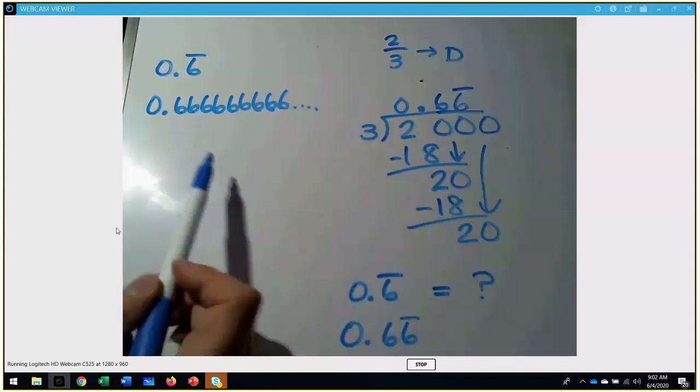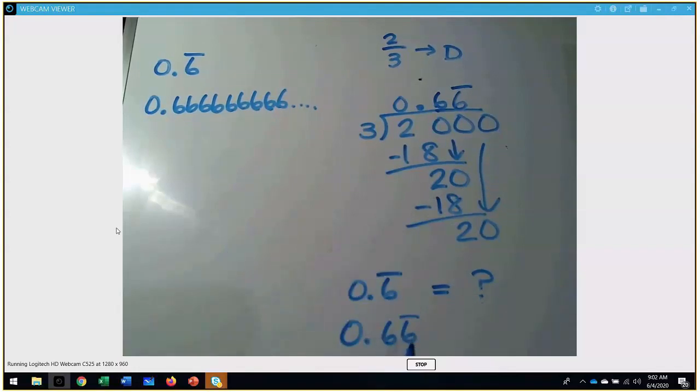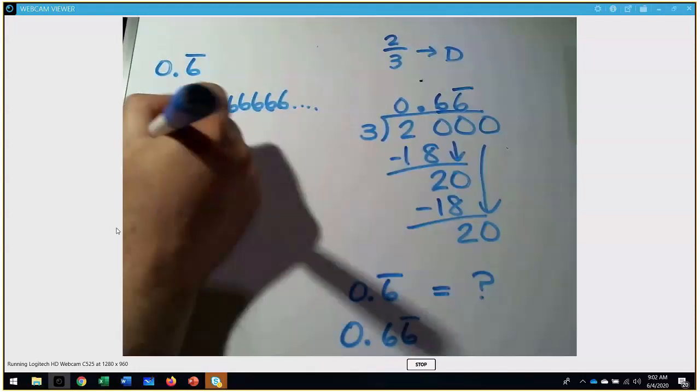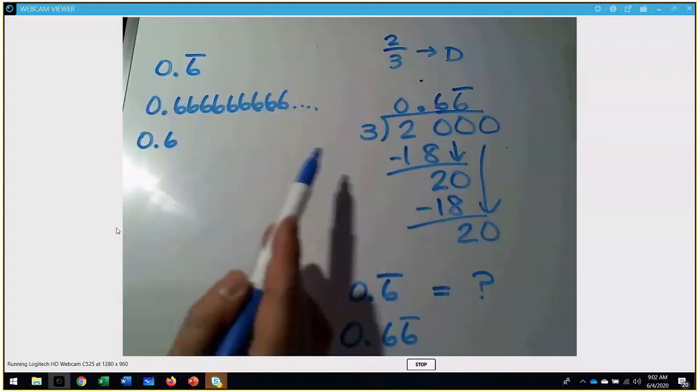That'll go on forever. If I have a bar over this 6 over here, that means that I've got a 6 in the 10th place, and then a 6 repeats forever. So I got a 6 in the 10th place, and then a 6 is going to repeat.